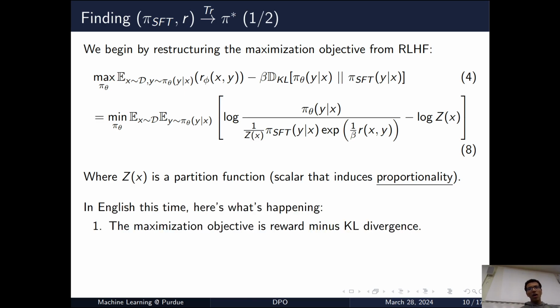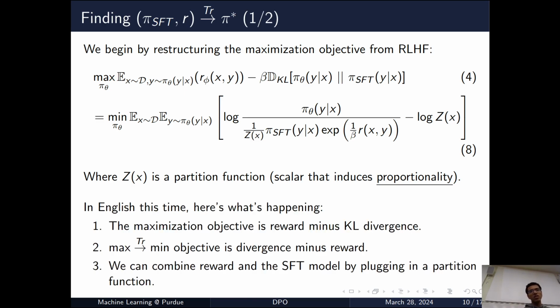But besides that, the overall transformation that we're doing over here is as follows. We have the maximization objective from the RL approach, reward minus KL divergence. We transform maximum to minimum from 4 to 8 by just reversing it. So we go to KL divergence minus the reward, and that makes our maximization objective a minimization objective.